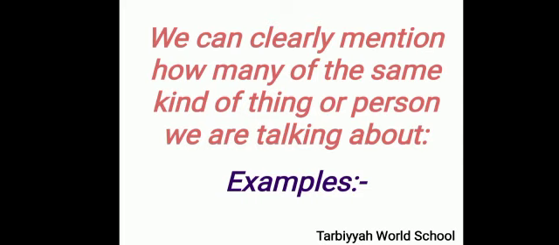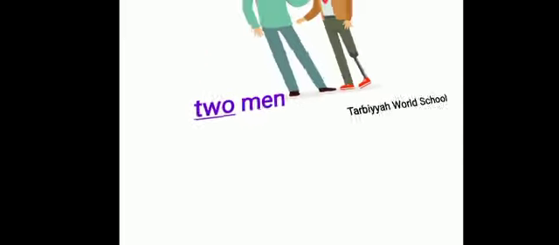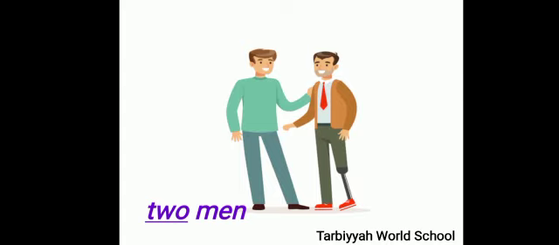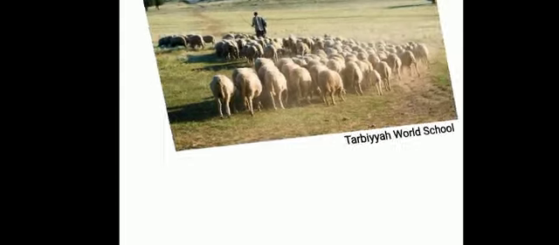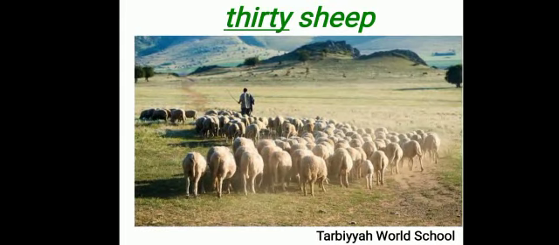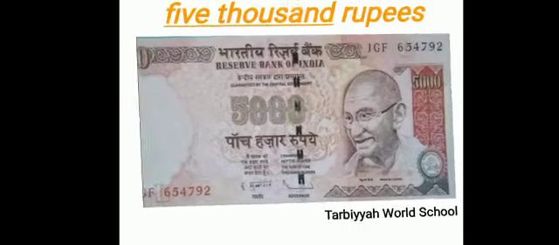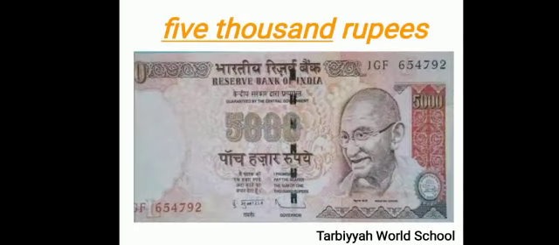For example, 2 men, we can count 2 men. 30 sheep, we can count 30 sheep. And 5,000 rupees, we can count the money. So such nouns are known as countable nouns.